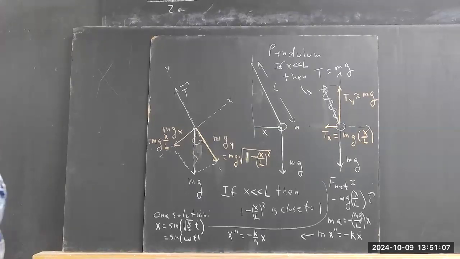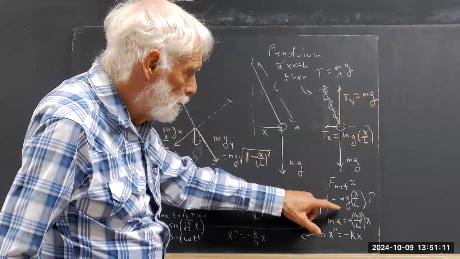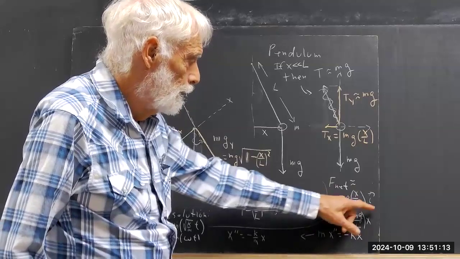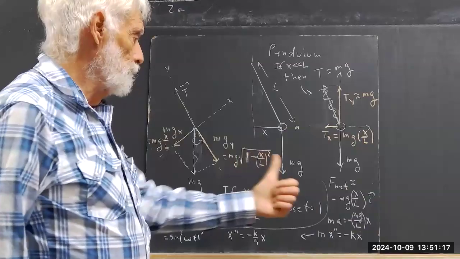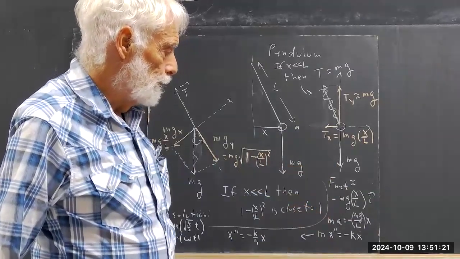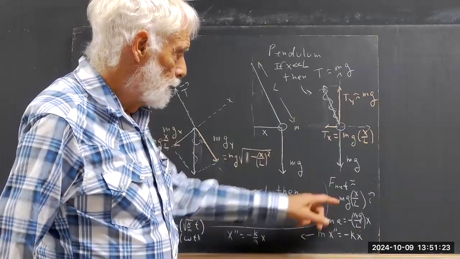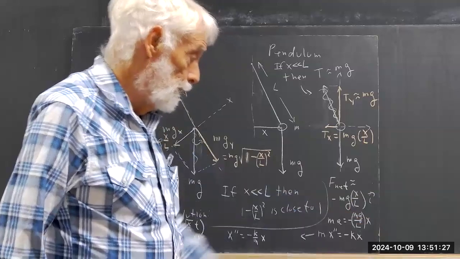After some discussion, okay, we start with the fact that the net force is mg times x over L times i. When x is in this direction, the net force will be this way. So we can say then the net force is mass times acceleration, and it's going to be mgx over L, but we write that as mg over L times x.